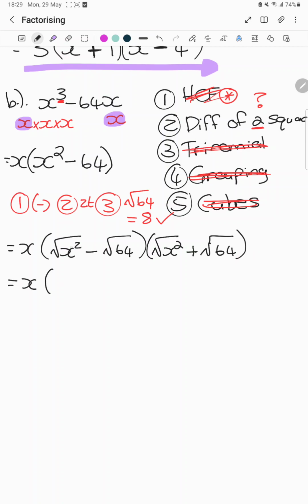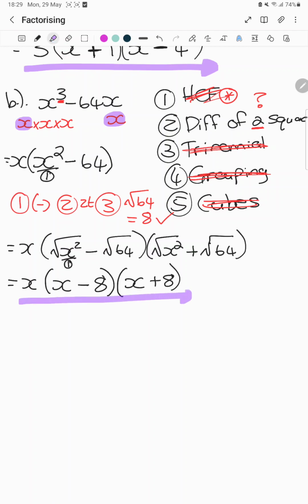Alright, so then we get the square root of my first term, which is x squared, and that will give me x. Then I get the square root of my second term, which is 64, which is 8. Okay, do the same here, then I'm going to get x plus 8. Now, obviously I can see that everything is eliminated, so that is in fact my final answer.